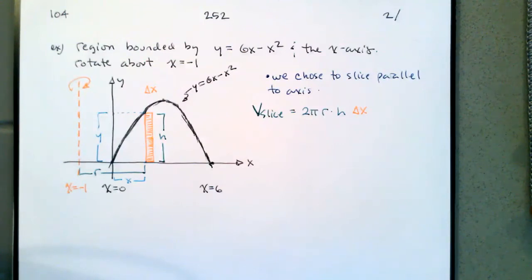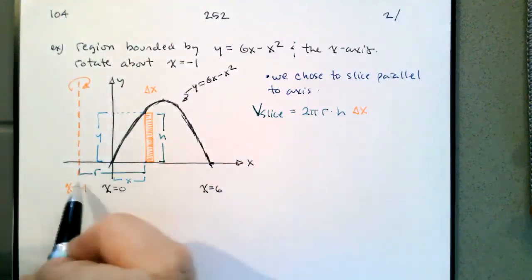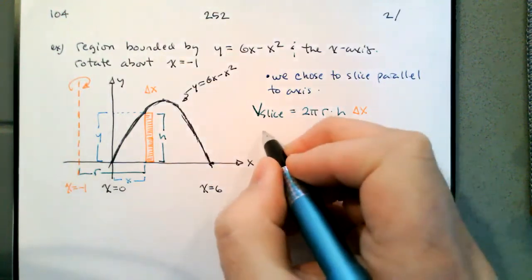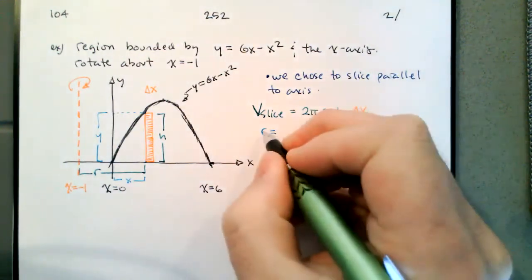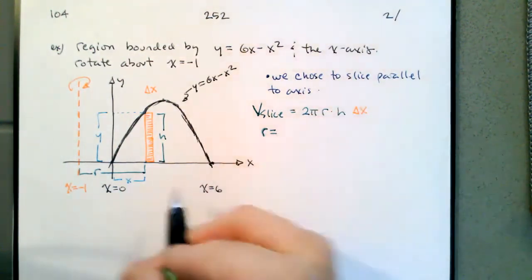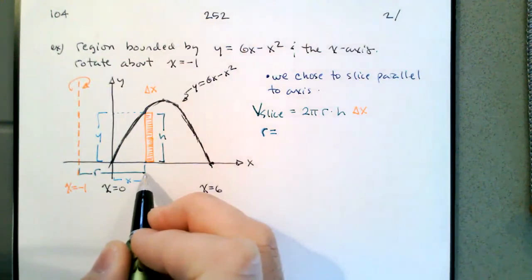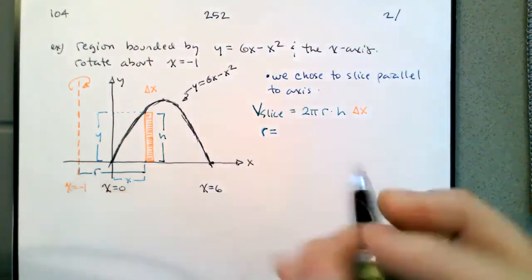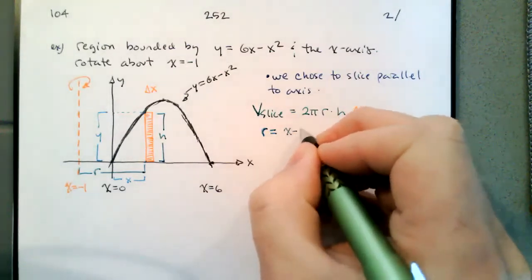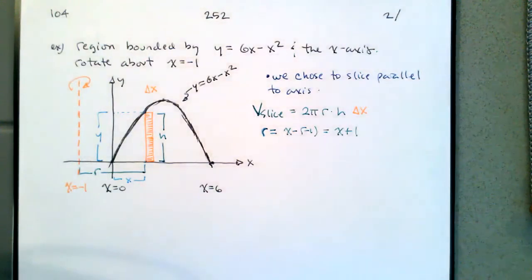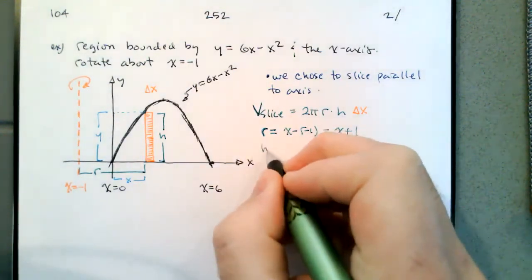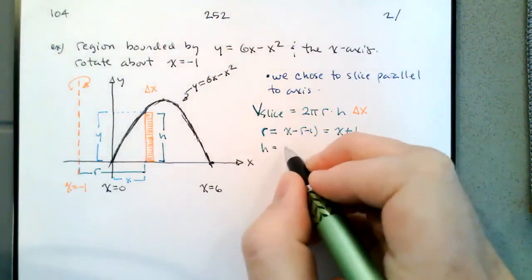So now it looks like r is just x plus this extra 1. So r is equal to, I'll take the right end, which is at x, and I'll subtract the left end, which is at -1. So I'll have x minus a -1, or x plus 1. It looks like the height is equal to y, but that's no good. I need the height in terms of x.